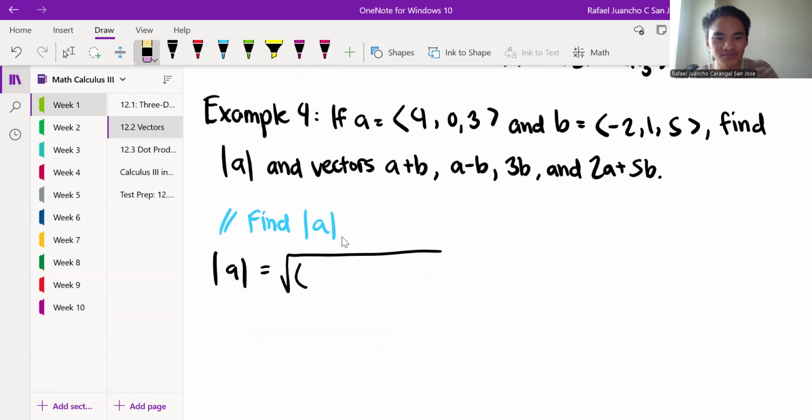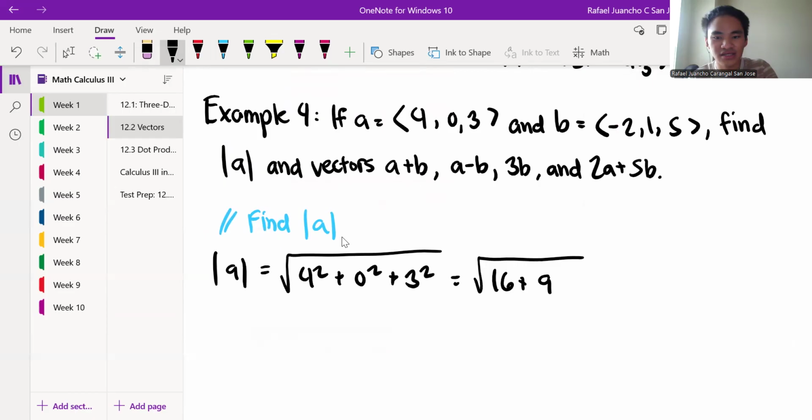Okay, I'll shorten it. So we have 4 squared plus 0 squared plus 3 squared, 16 plus 9. Calculator. Square root of 25, which is just 5. Right? So that's that.